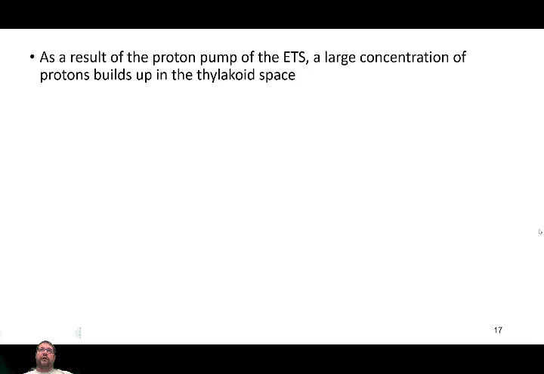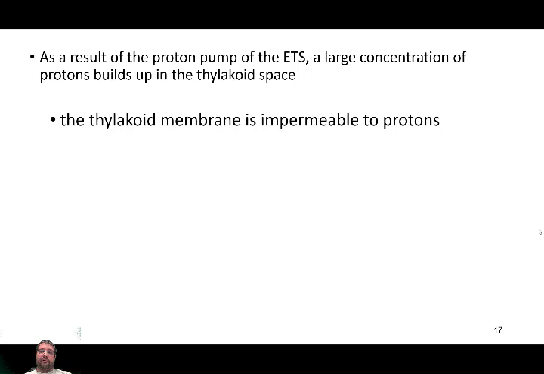So, the result of pumping protons across is that you get a large concentration of protons on one side of the membrane and very few on the other side of the membrane. Like I said before, the thylakoid membrane does not allow protons to move across that membrane. They have a charge. Charged or ionic molecules cannot move across membranes, typically.